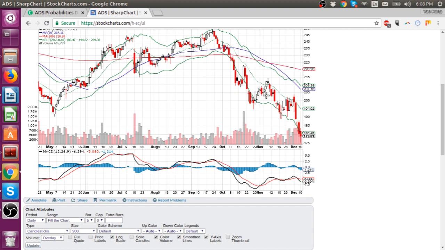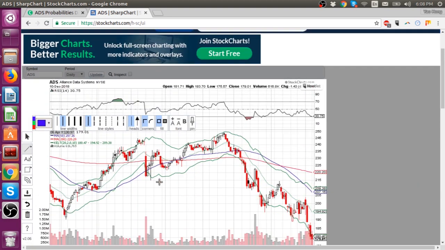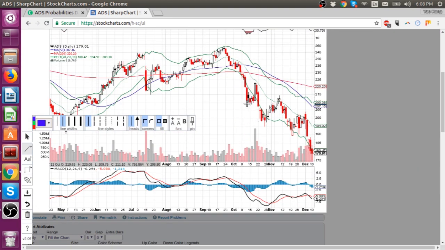So usually what happens is that the previous support and resistance form a straight line. It can be either horizontal or a straight line with slopes. For ADS, the straight line with slopes is pretty obvious. You can see that roughly speaking, there is some form of support near this trend line here.